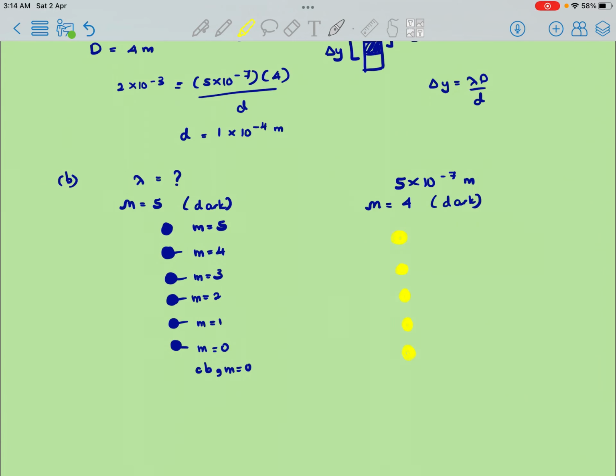So let's say I label this m equals to 0, m equals to 1, m equals to 2, m equals to 3, m equals to 4.